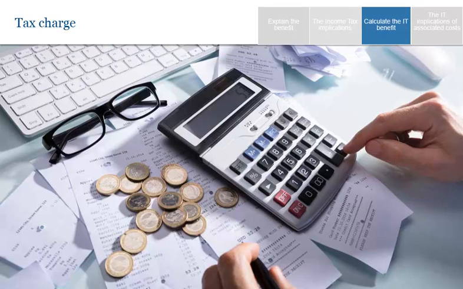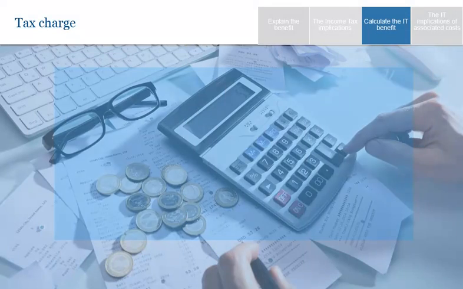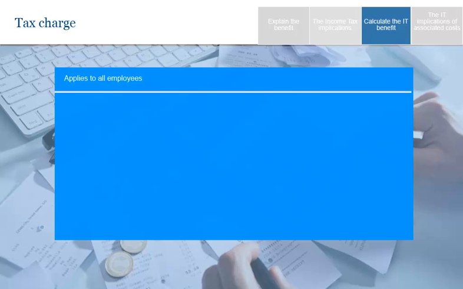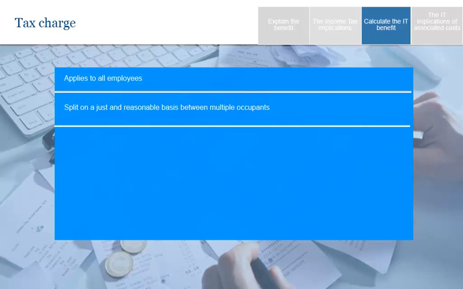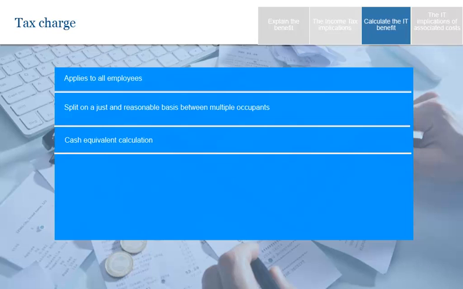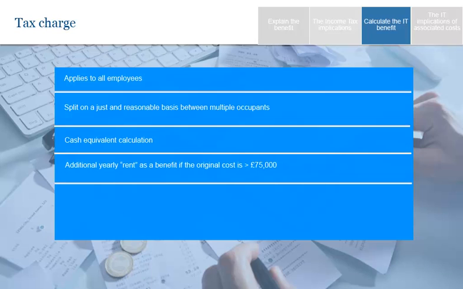On to the calculation of the charge. The benefit applies to all individuals regardless of their level of earnings, and the calculation is broken down into a number of elements. The basic element is the cash equivalent calculation, the starting point, and then there's the consideration of an additional benefit, as mentioned before, on properties which cost more than £75,000.